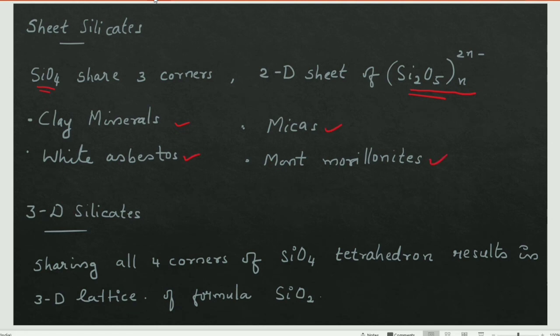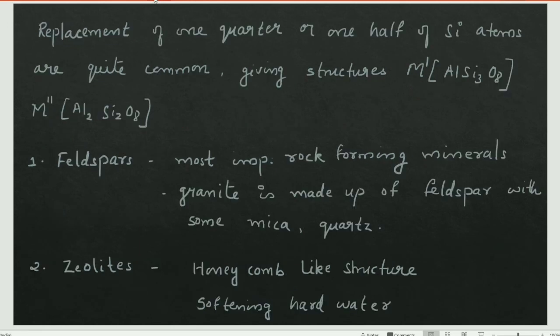Then 3D silicates are very important. Sharing all four corners of the SiO4 tetrahedron results in a 3D lattice of formula SiO2. So all four corners are shared in three-dimensional silicates. The replacement of one quarter or one half of silicon atoms is quite common, giving structures MAlSi3O8 and M2Al2Si2O8.